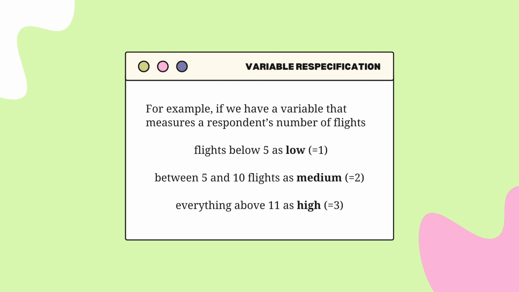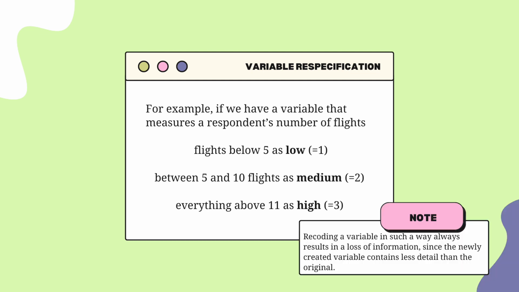As you can see, we summarize or group the number of flights below 5 as low, flights between 5 and 10 as medium or 2, and everything above 11 as high. So if we have data like 5, 4, 3, 1, 1, 5, those flights will belong as one group to low, and flights between 5 and 10 and so on.